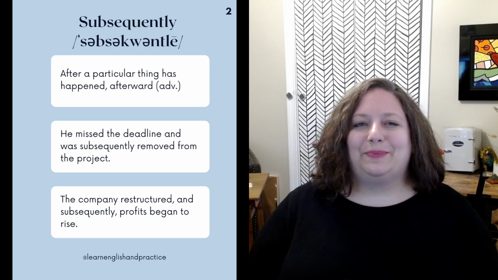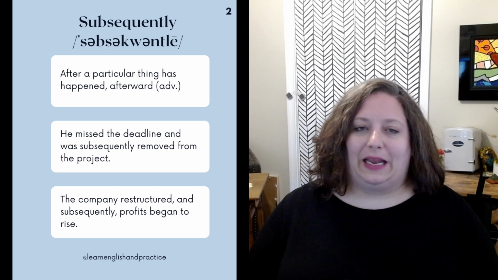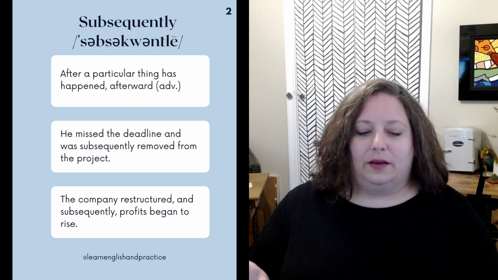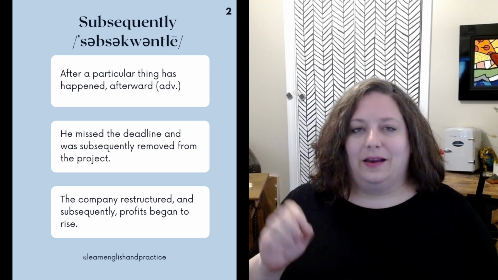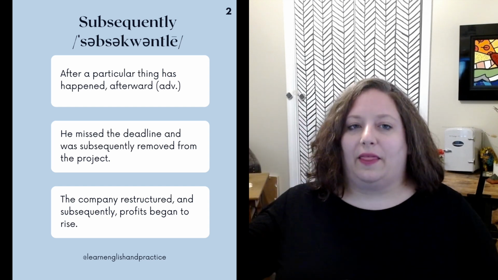Subsequently. This means after a particular thing has happened, afterward, as an adverb. So something that happens subsequently will occur after a particular thing. So think of "and then." So this happens, and then this happens, and then this happens.